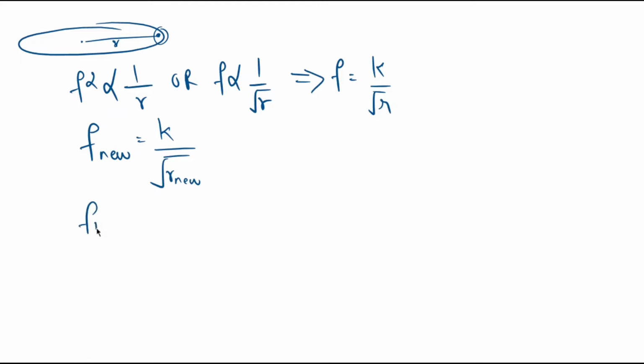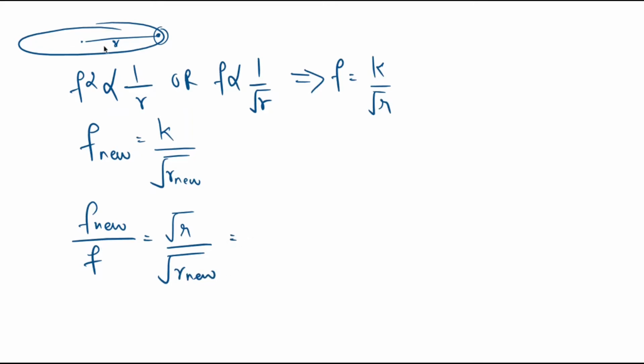So f new upon the f that we got for when the coin was kept 2 centimeter apart from the center, as r is on the reciprocal of the frequency, we get f new equal to root under r upon r new.